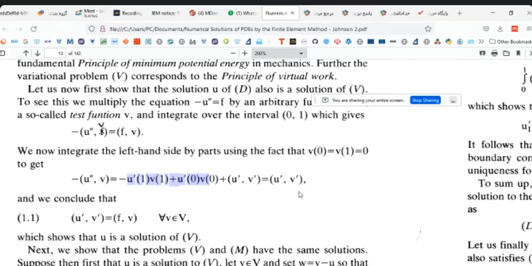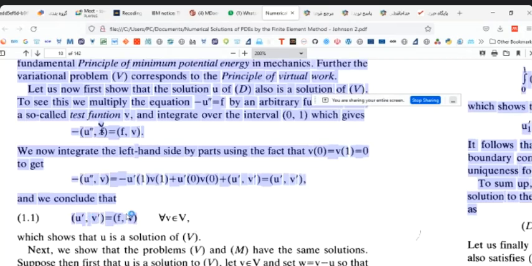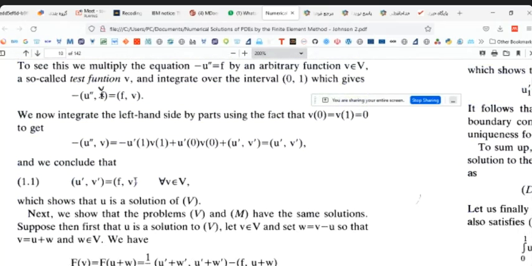So the left-hand side is the inner product of u prime and v prime, and we can conclude that the inner product of u prime and v prime equals the inner product of f and v, which shows u is a solution of V, because here we have u double prime equals f, and here we get the same solution for the variational problem.